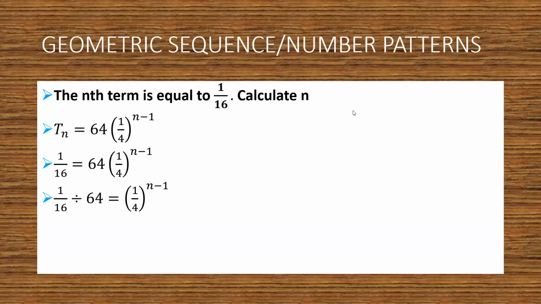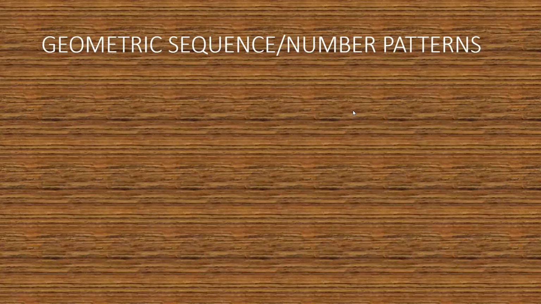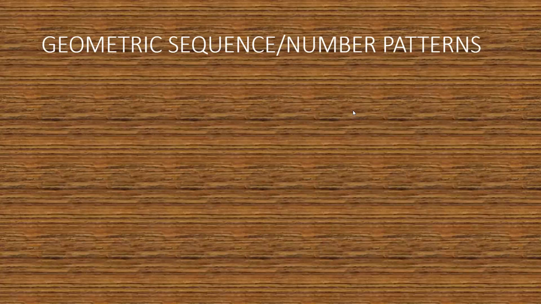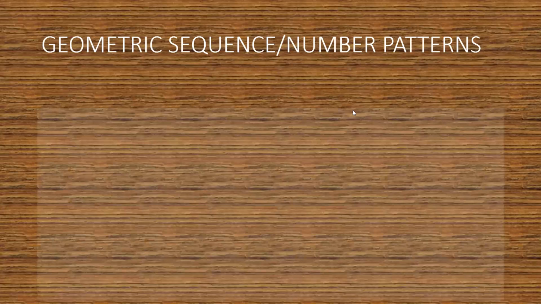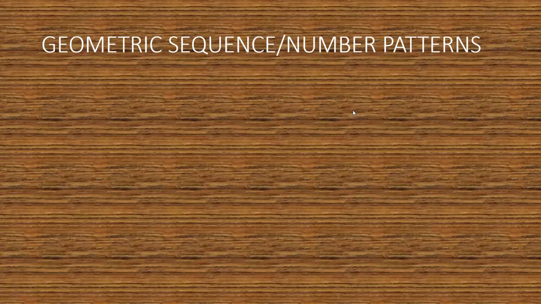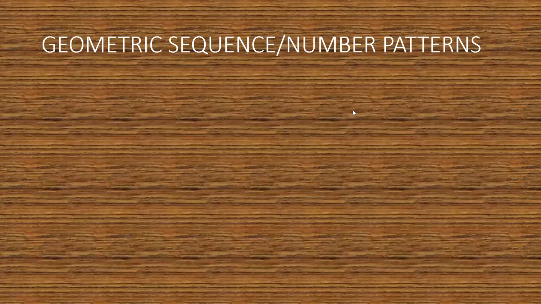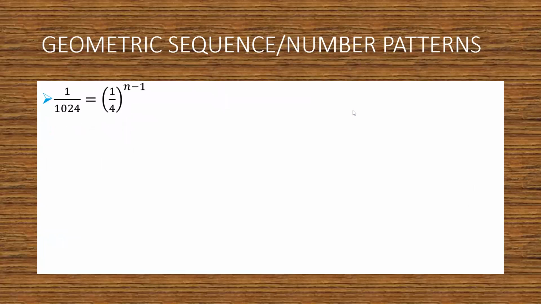It's 1/1024. 1 over 1024. Let me show it to you manually, all right? Do you understand what I did there when I took 1 over 16 multiplied by 1 over 64? Yes. Okay, so you said you're going to get 1 over 1024, right?